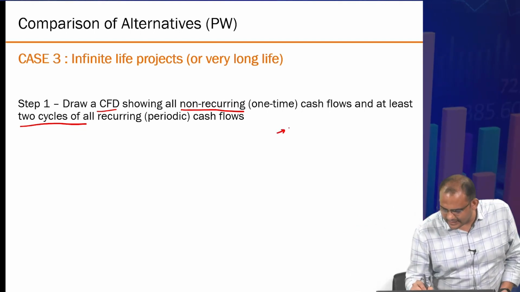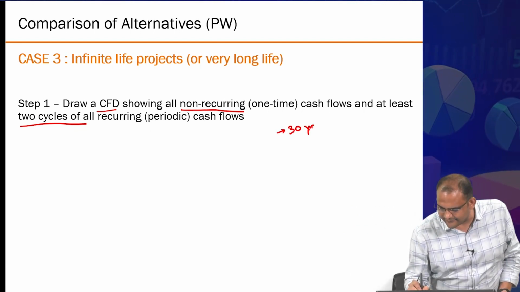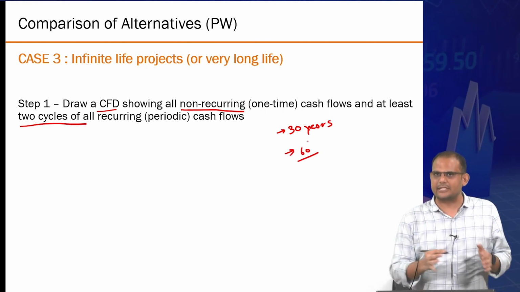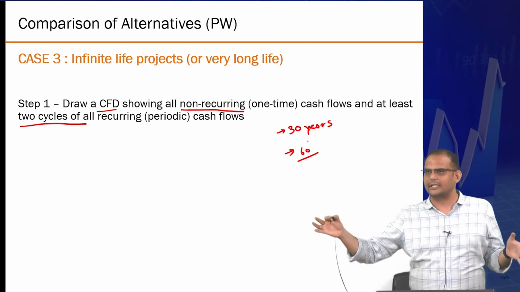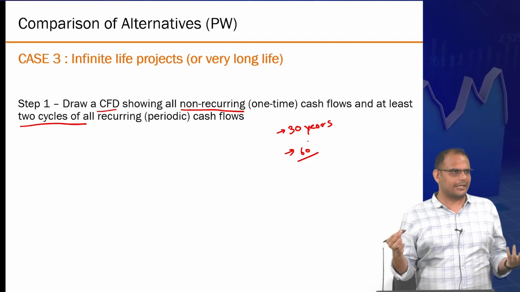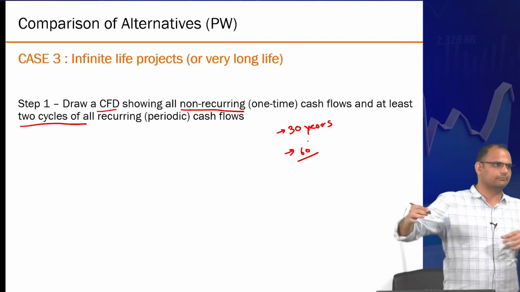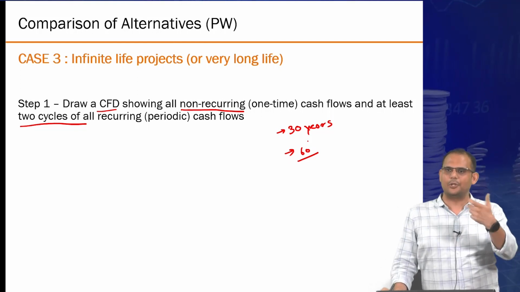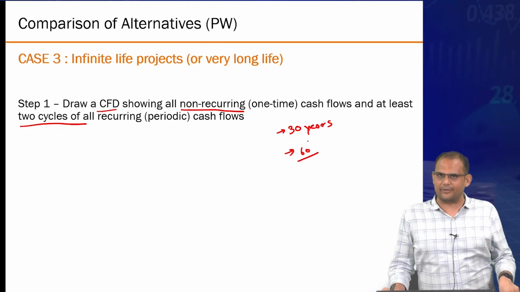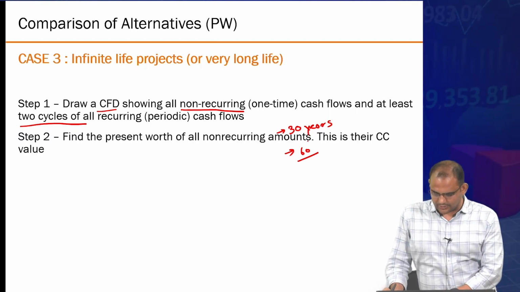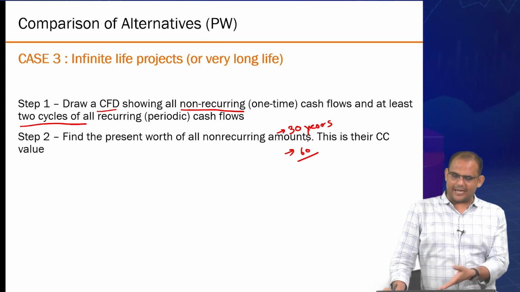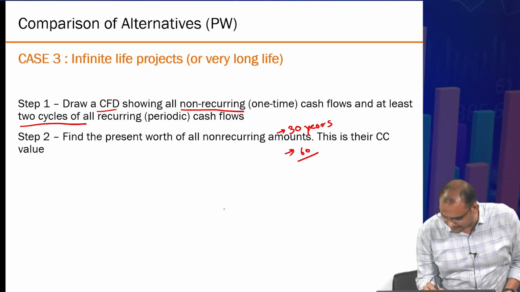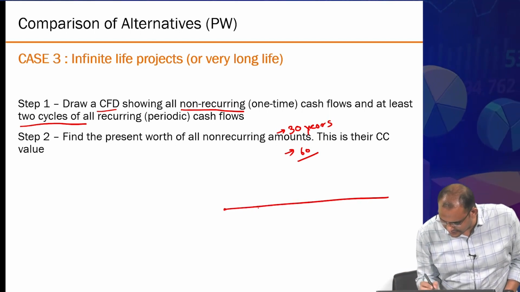Typically if a project has a 30 year life cycle, 2 cycles of that would still lead you to a 60 year cash flow series, which they thought is reasonable for us to handle, and perhaps later you just make your life much more complicated without too much effect on the error part of it, right? So that's one idea. And then you have to find the present worth of all the non-recurring amounts and their CC value.